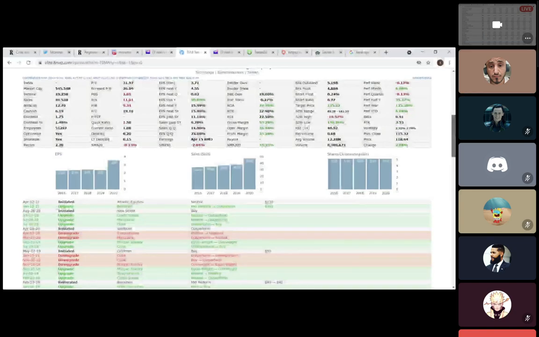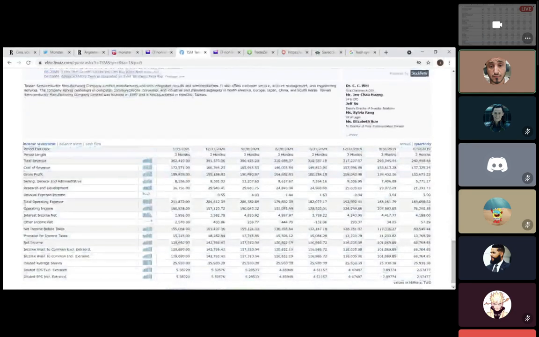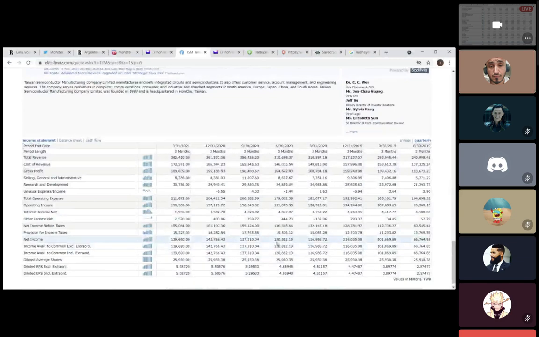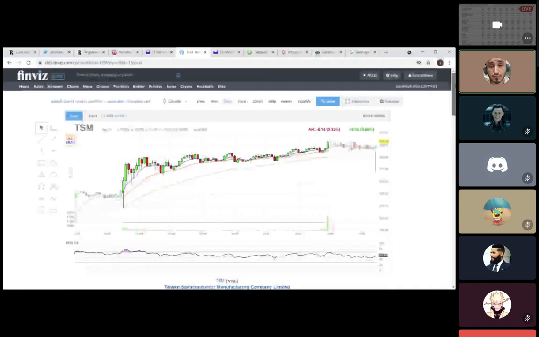Right now it's valued at $545 billion. So if you compare the same sector and see how the numbers are, what you can say is that, compared to this company UMC, I don't see it's better than TSM, but I believe it's undervalued.